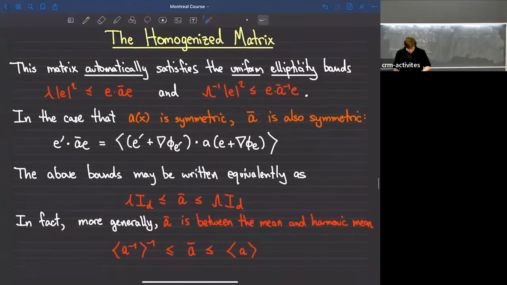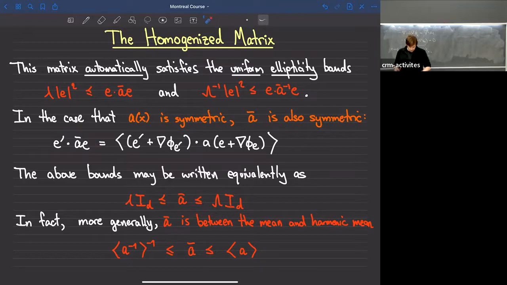I also want to say that if A is symmetric, then A bar is symmetric. That was implicit in the bound that I did earlier, but if you want to see it, if I have 2 unit vectors, E prime and E, then I can write this like that, which is the same as the calculation on the previous slide. It's just that there's 2 different E's. And now you see that this thing is automatically symmetric if A is symmetric.